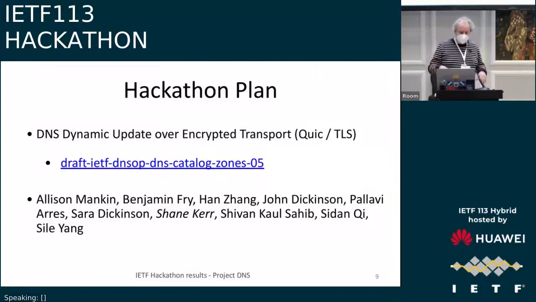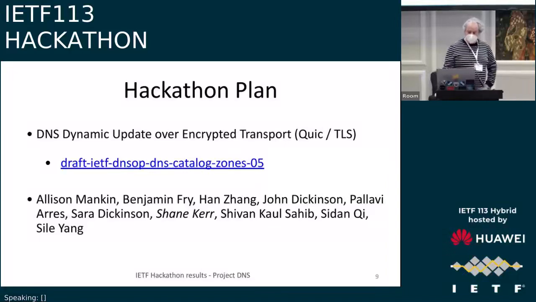I can tell about it. So queries can go now over encrypted transport, and recently also transport over TLS and DNS. And this is an ID to also do dynamic updates over encrypted transports. And there's a server implementation for this now and several client implementations.